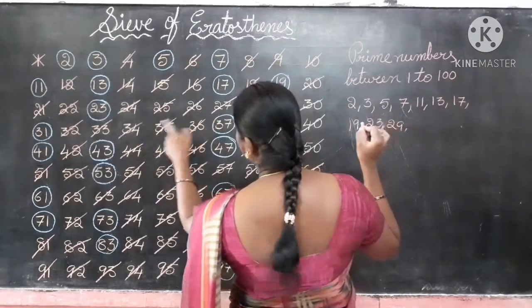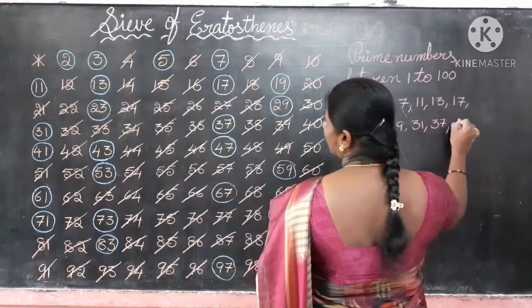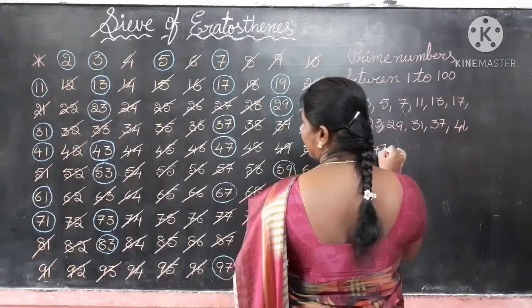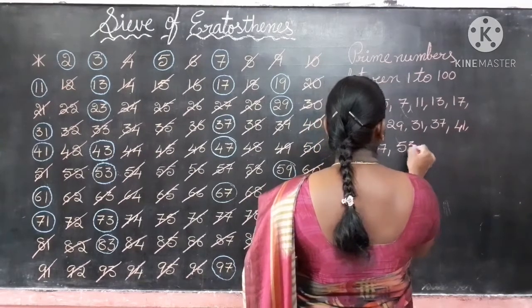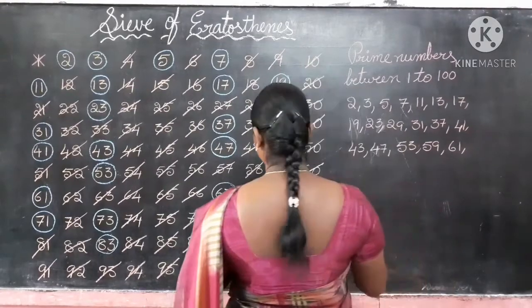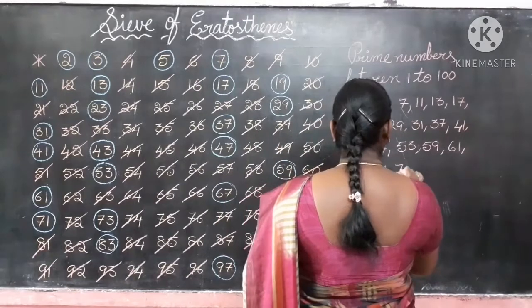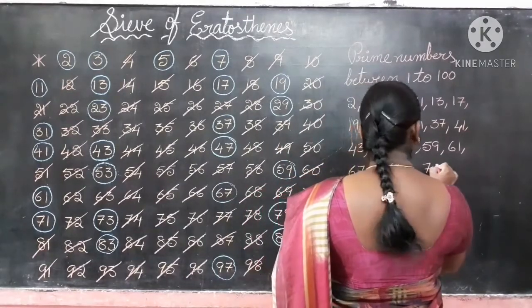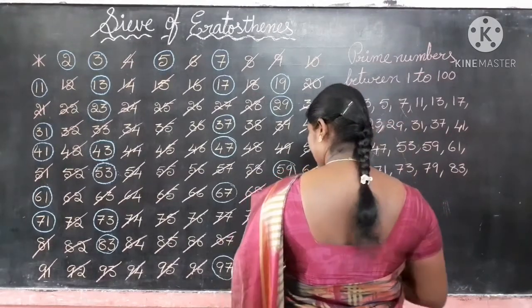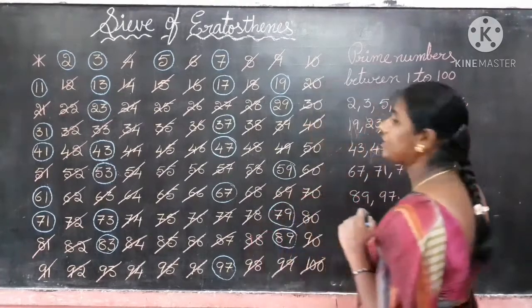Here are the numbers we circle. 31, 37, 41, 43, 47, 53, 59, 61, 67, 71, 73, 79, 83, 89, 97. These are the prime numbers between 1 to 100.